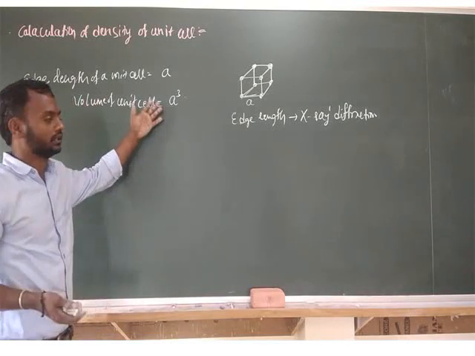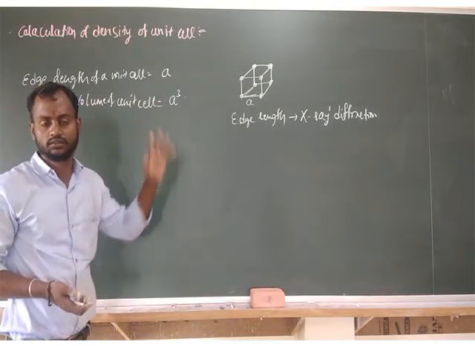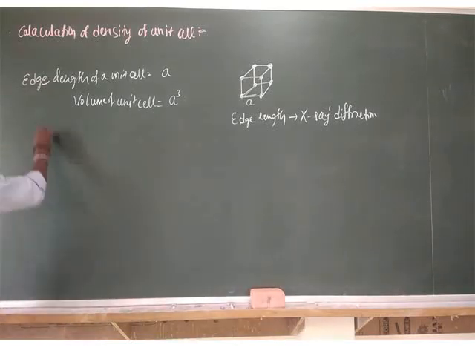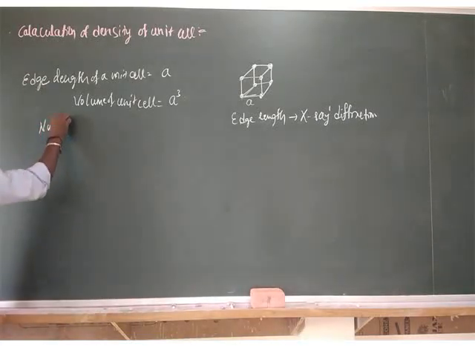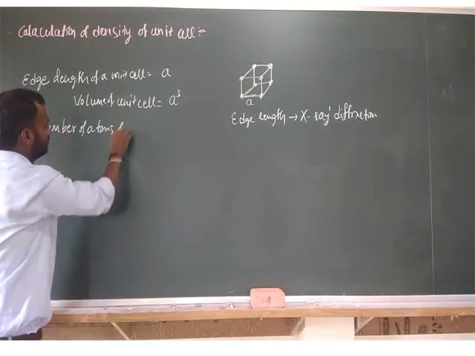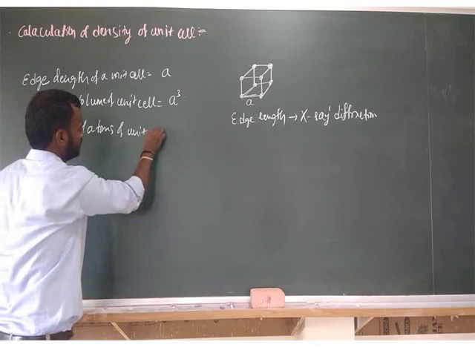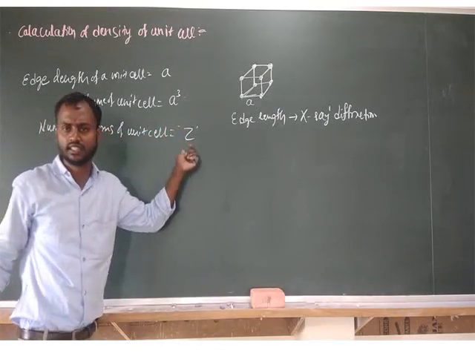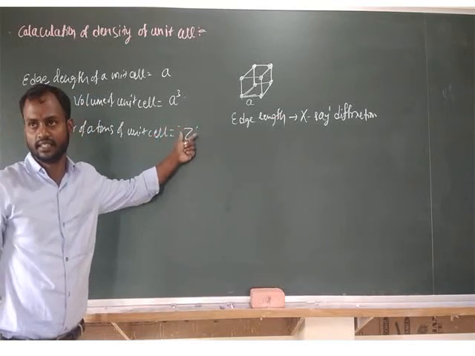So a cube means the edge length. These are the given data. And the number of atoms per unit cell is indicated by Z.